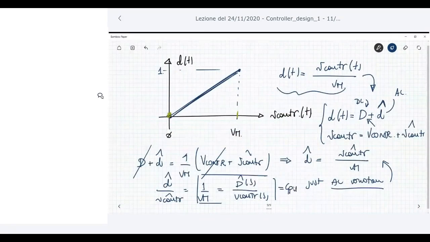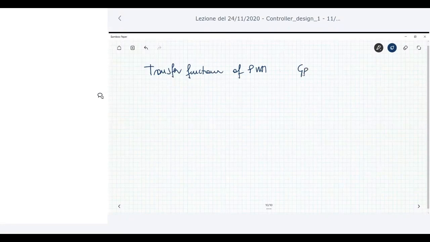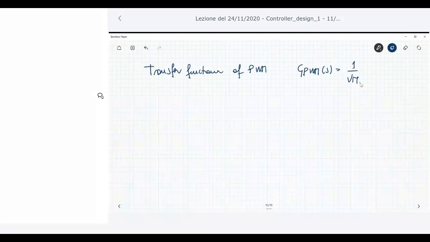So this is G PWM, the transfer function of the modulator. G PWM in the Laplace domain is 1 over Vm, a constant that depends on the peak value of the triangular waveform.